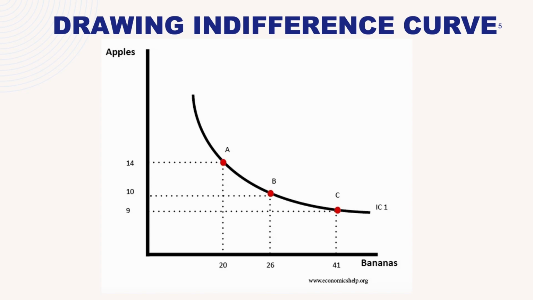So now that we know what an indifference curve is, we need to learn how to draw it. When we create an indifference curve, we will need to identify the bundles that the consumer is indifferent about consuming. So if in the bundle the consumer has more apples, then they will have fewer bananas, and vice versa.